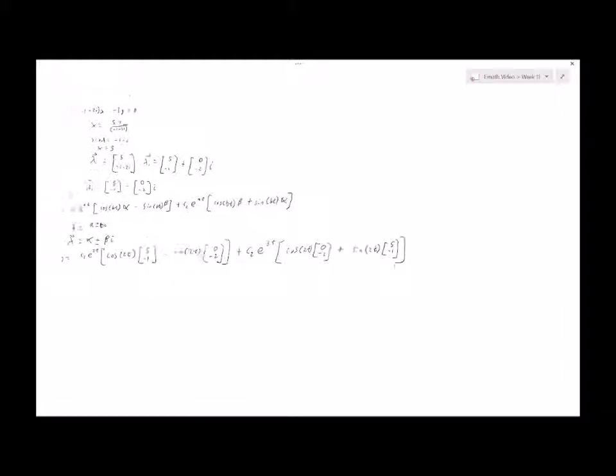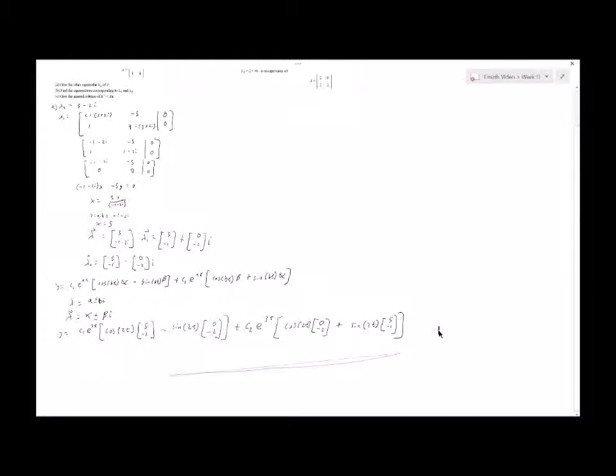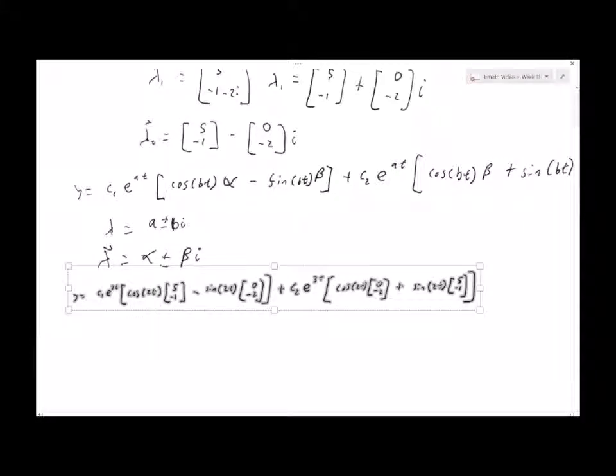And as long as you memorize that, it's pretty set. It's not too bad. So there, we're left with our answer there. And that is how you do complex roots.